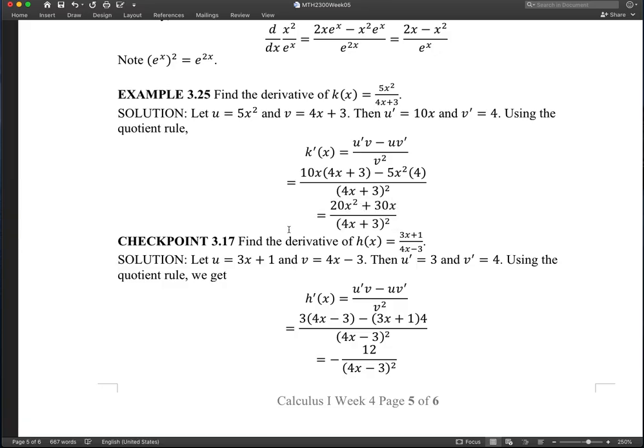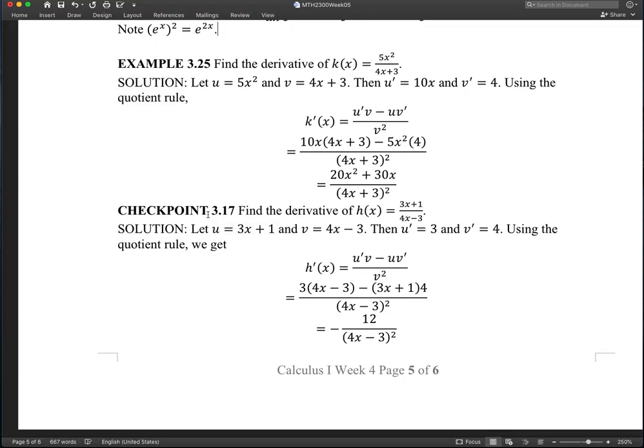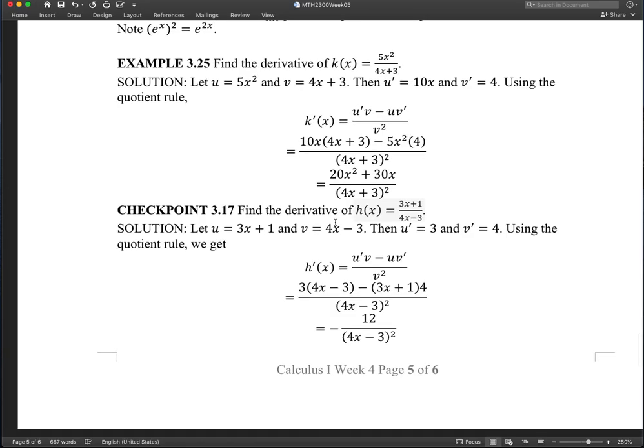And one more example from the textbook, it is checkpoint 3.17. Find the derivative of h. So u is the numerator, v is the denominator. Then we get a u prime and a v prime. And again, using the same quotient rule. I did repeat the formula, and I hope you got some idea how the formula works. And so plug in each expression for the corresponding notation, and also there's a little simplification in the numerator.